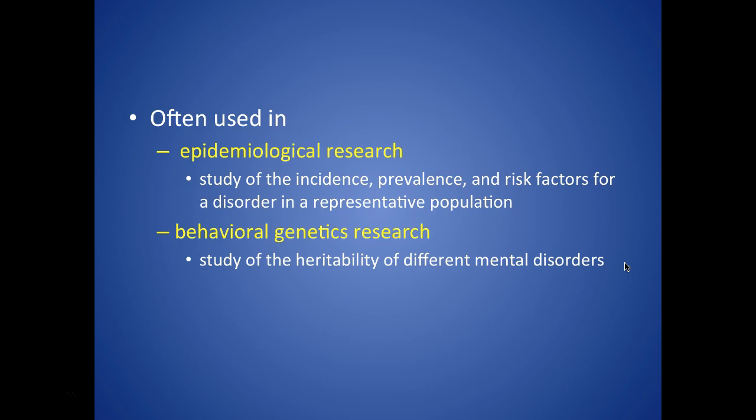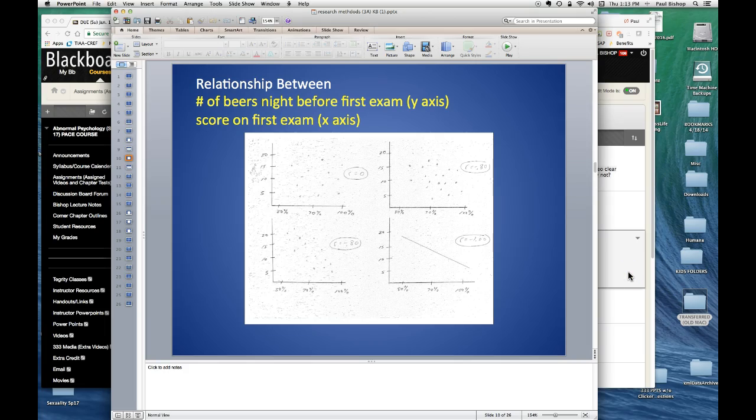It turns out, actually, that there's a substantial correlation between the number of shared genes and having those two disorders. So this is an example of behavioral genetics research, and it helps determine what may be going on and causing a particular mental disorder. Okay, we're going to stop there.